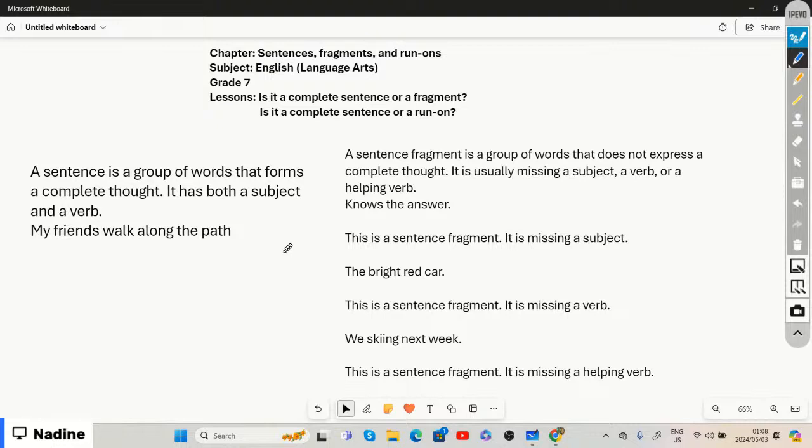And it has a subject, which will tell us either who or what is doing an action, as well as a verb, the action that is being done by the subject. And here we have an example of a sentence that completes a thought: my friends walk along the path.